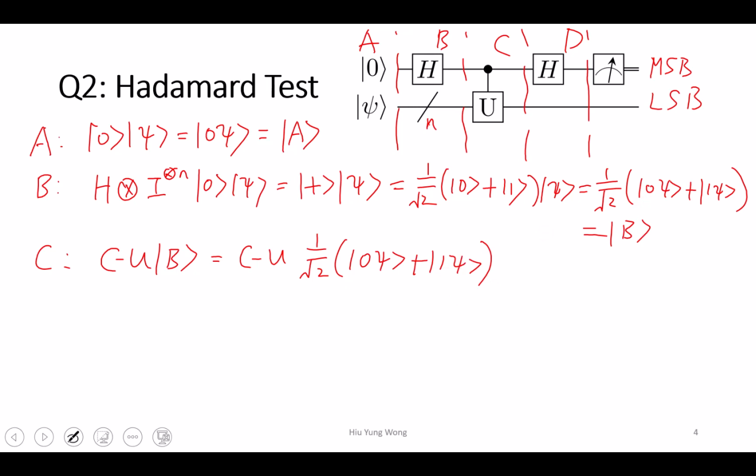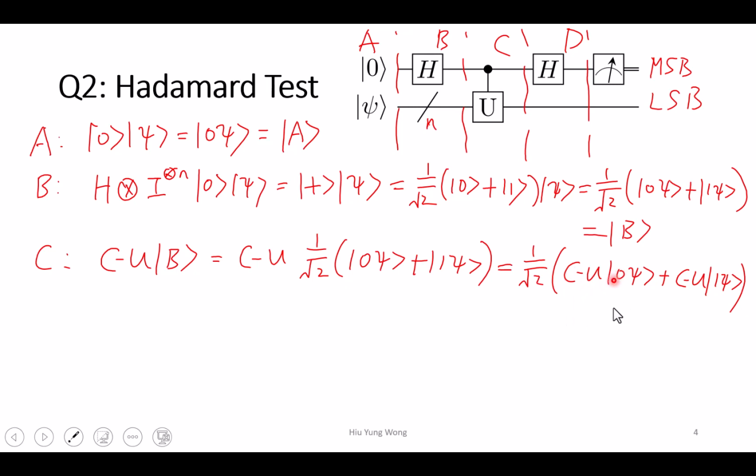Now, we know the whole of quantum mechanics is linear, right? So this one I can further write as 1 over square root 2 times control U on |0>|psi> plus control U on |1>|psi>. Okay, and then now we can apply this. What is the definition of the control operator?